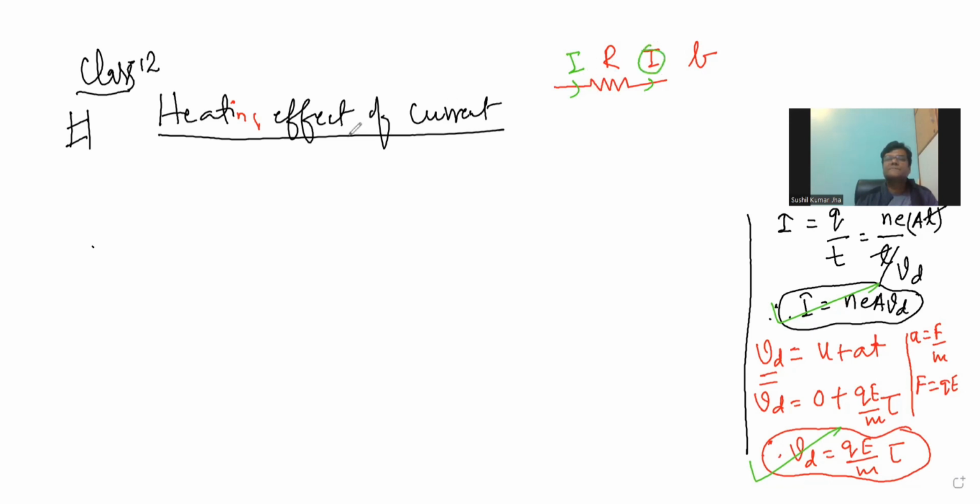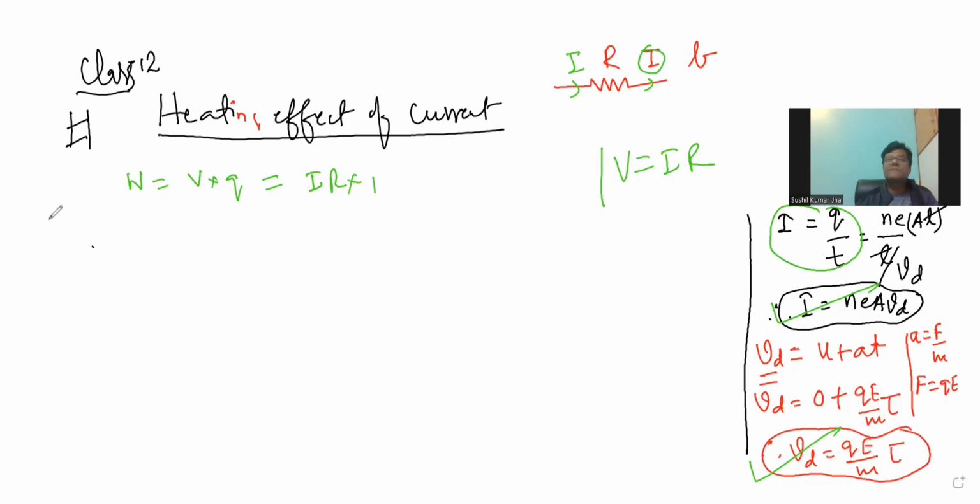It means the work done is, we write V into Q. V for voltage, potential difference, and V from Ohm's law we write IR. So IR, and Q from I is Q upon T, Q can be I into T.